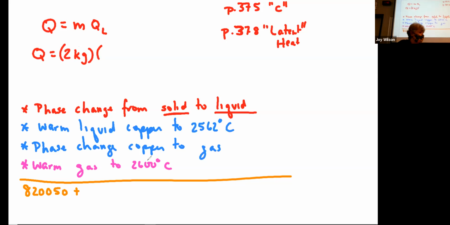My latent heat is on page 378. So I flip over there and I go, which latent heat do I use? I use the latent heat for fusion. Sorry, I'm trying to find it. For fusion, because fusion is when we go from solid to liquid, it fuses or it melts. So we use the one for fusion.